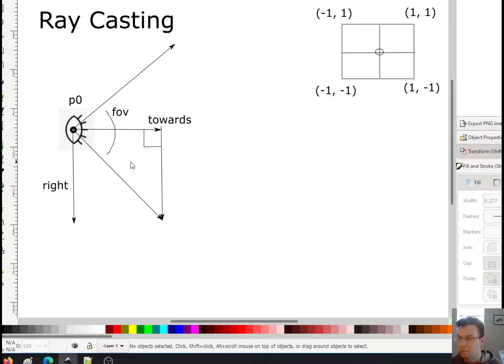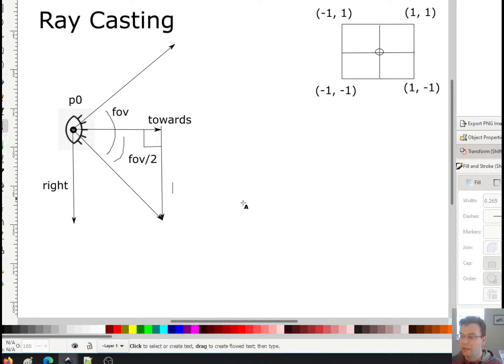But focusing on this one, what we see is the length of this vector in the right direction. Well, let's say it this way. This angle here is the field of view over 2, since I divided this in half.